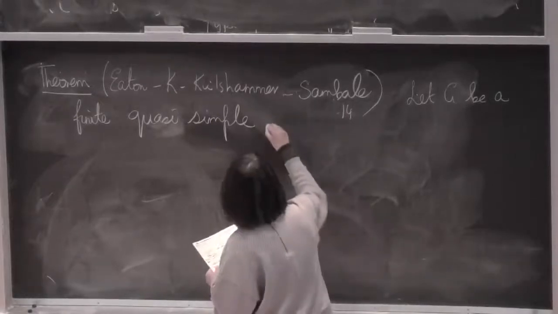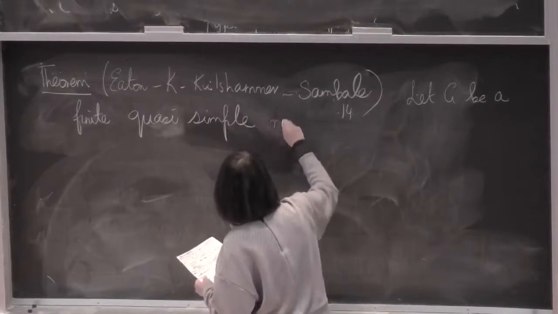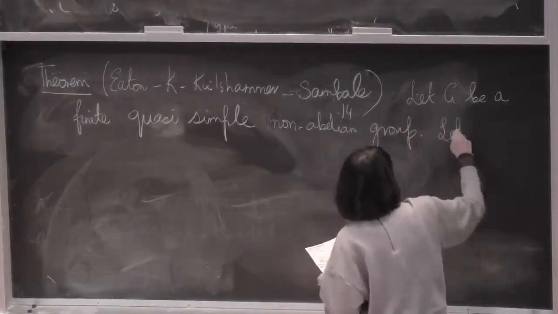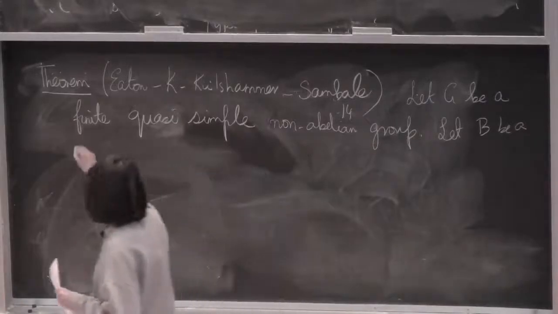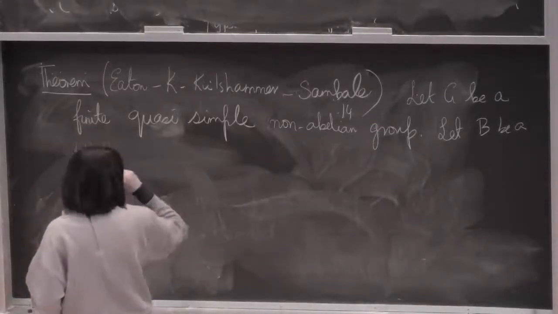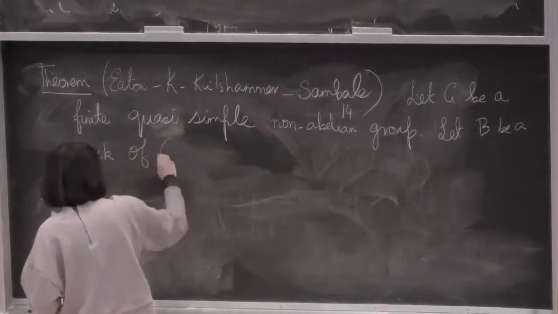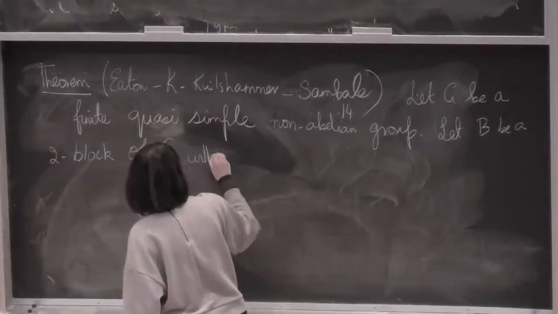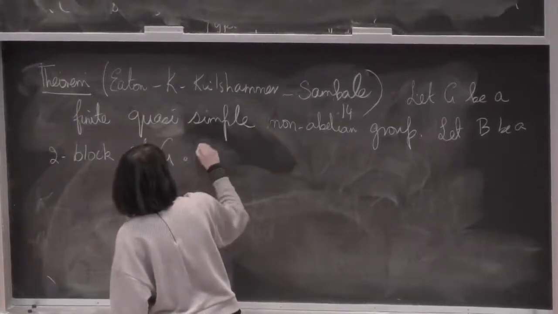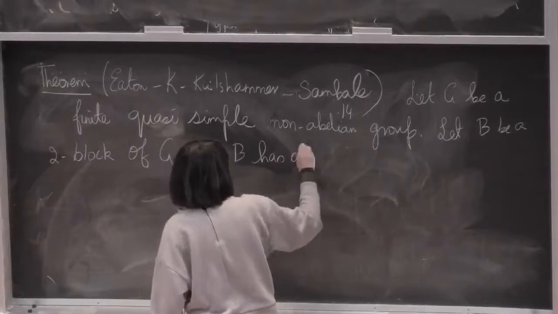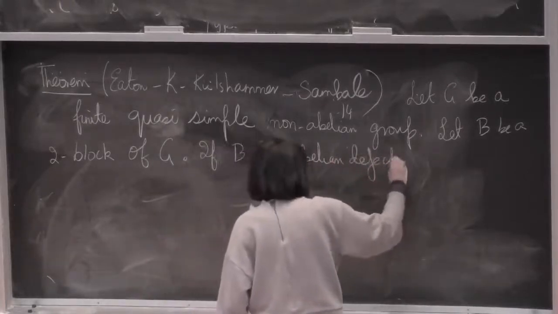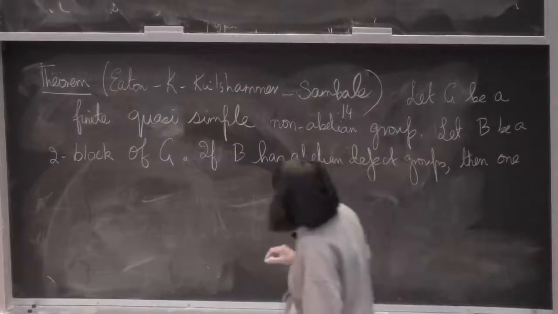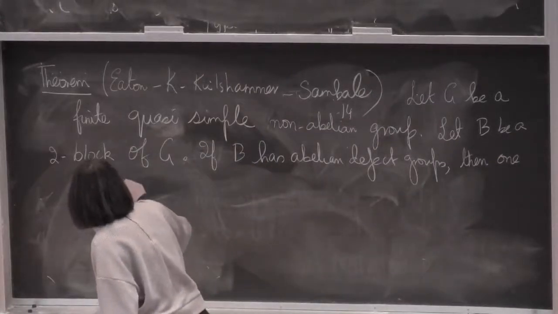Quasi-simple finite group, and non-abelian, and let B be a 2-block of G. If B has abelian defect groups, then one, actually it's not mutually exclusive, or more, it can happen, of the following hold.